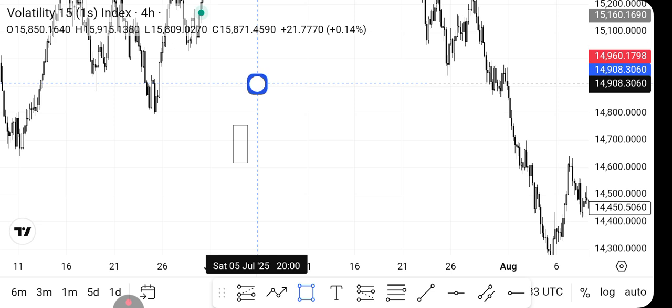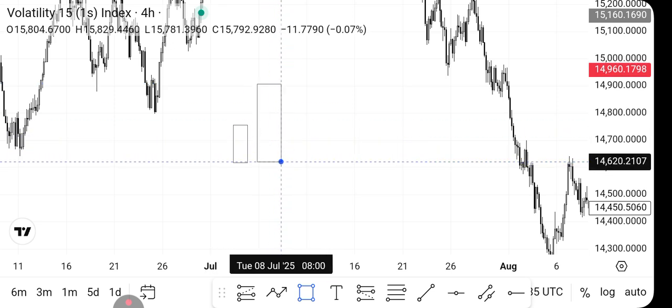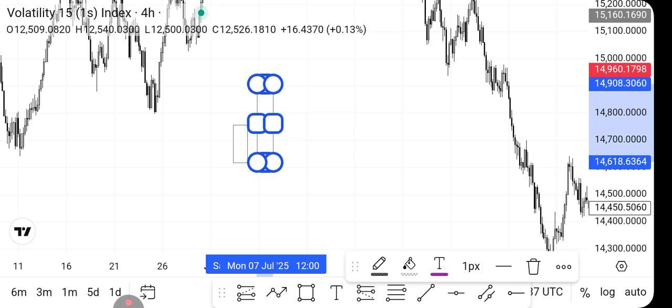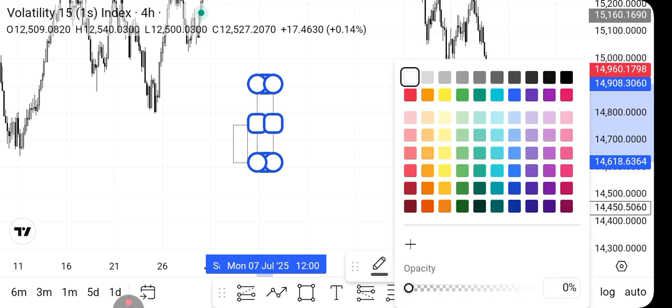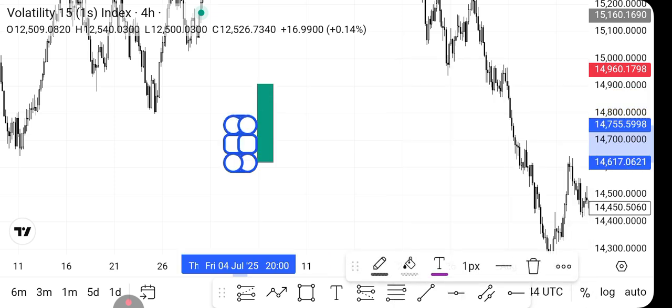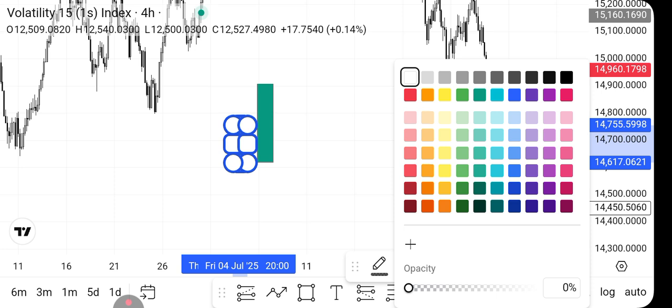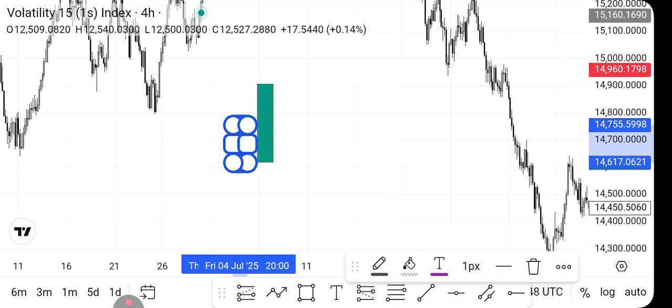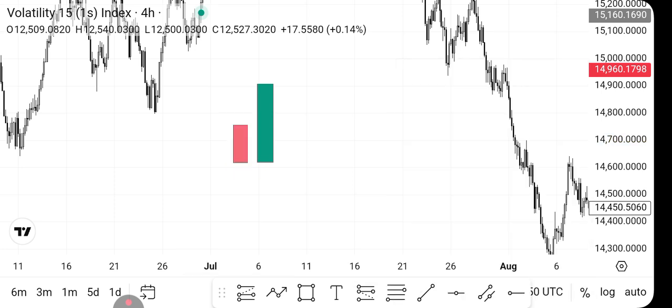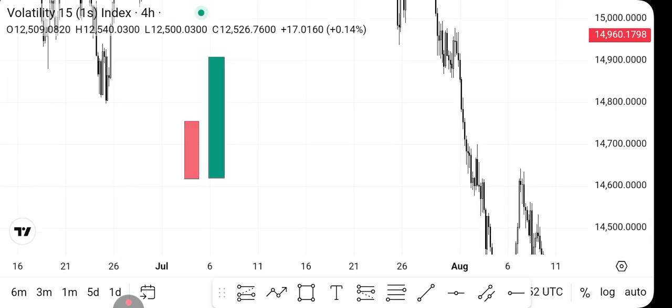I'm having to draw again, but let's just see how it goes. The bullish order block: you have this one green, and you have the black or red, anyone you want to call it, right? So how do you mark this order block?